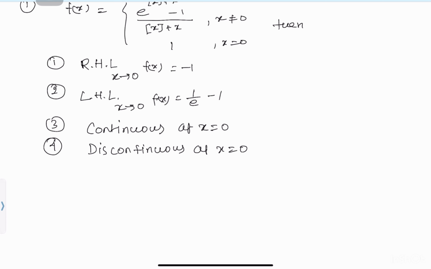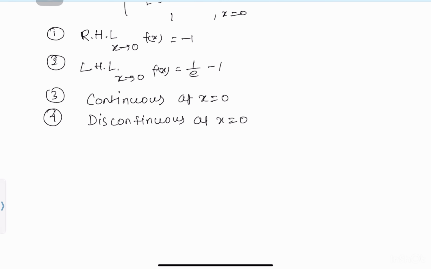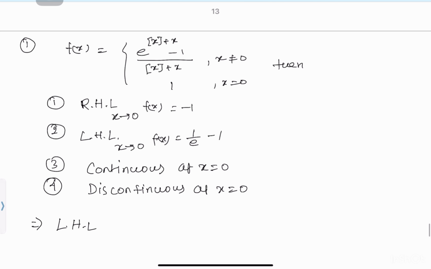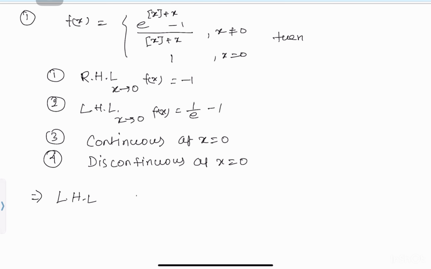I have to check. I told you the condition that whenever you are trying to find continuity and discontinuity, you have to first find the left hand limit and right hand limit, then that should be equal to f of a. Okay, first the left hand limit. You now know how to find the left hand limit of the corresponding function at x equal to 0. So I am writing directly limit h tending to 0 negative, and in place of x you have to write 0 minus h.